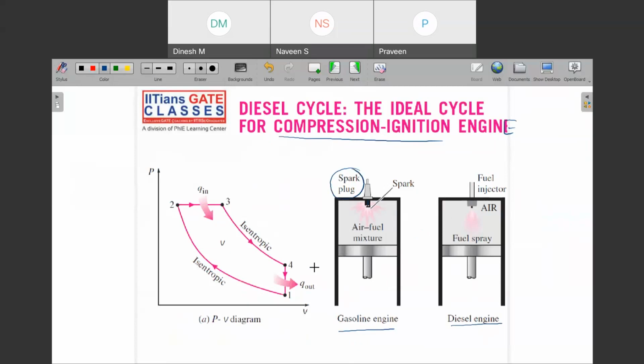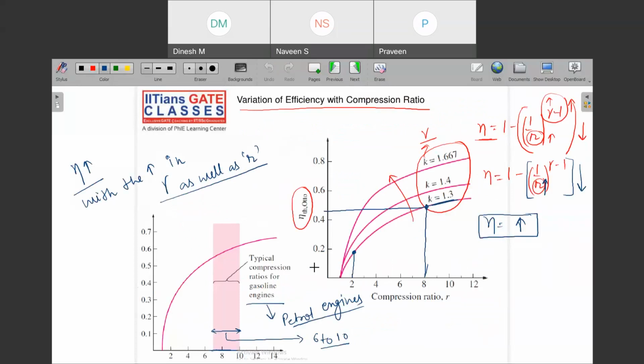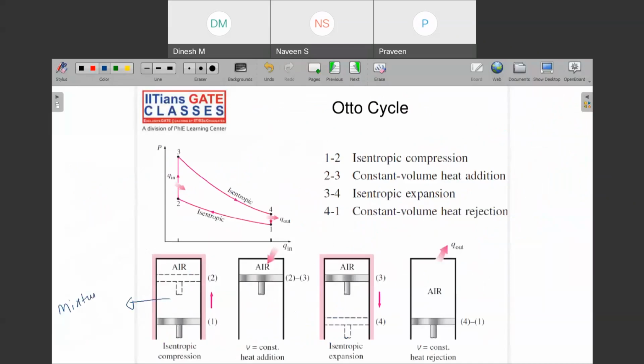Initially, when I showed you here that there is some compression of gas, ideally here you had a mixture of air and fuel.